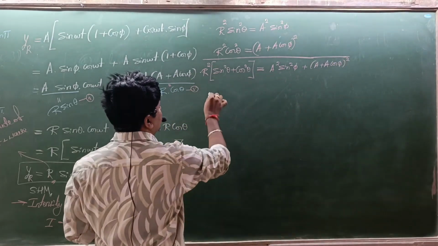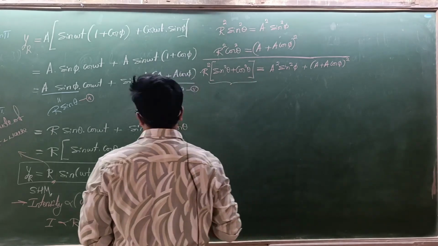The value of sin square theta plus cos square theta is 1.